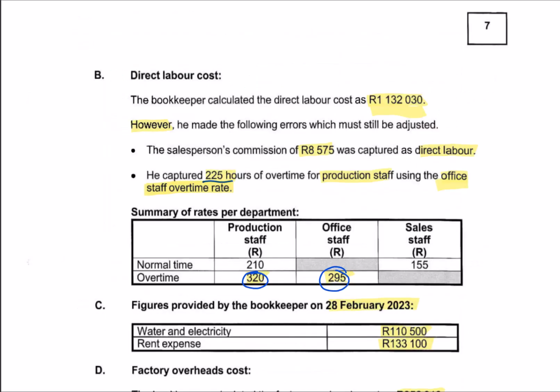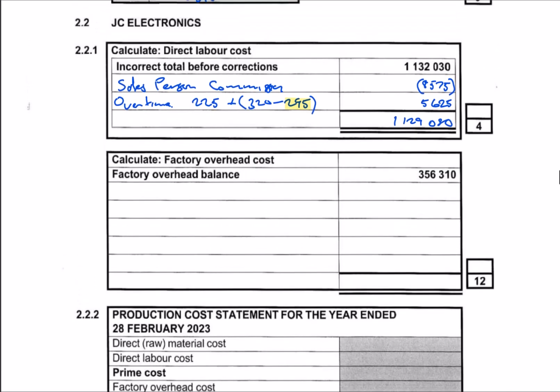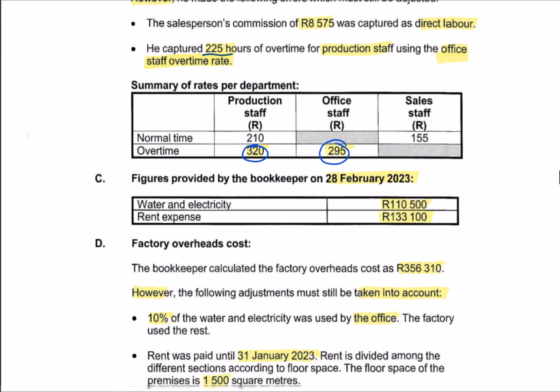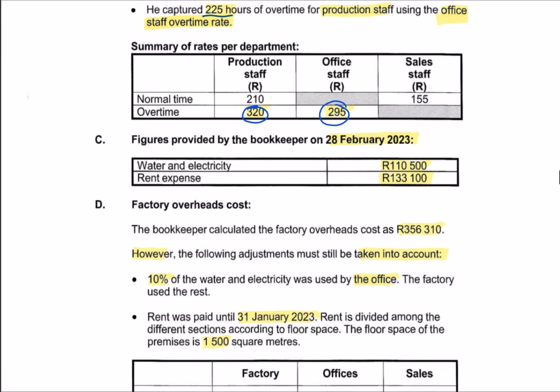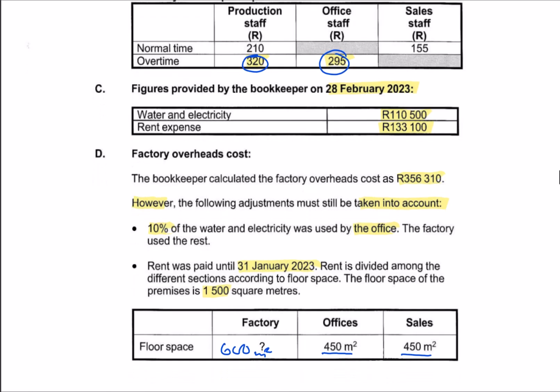If you go to the question, factory overheads: you are given water and electricity, then rent expense. The bookkeeper calculated the factory overhead cost as 356,310, which is already inserted in our answer book. However, the following adjustments are to be taken into account.